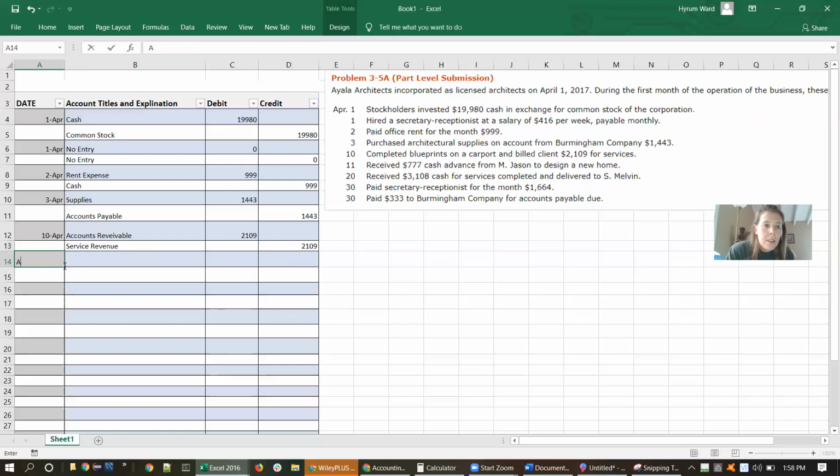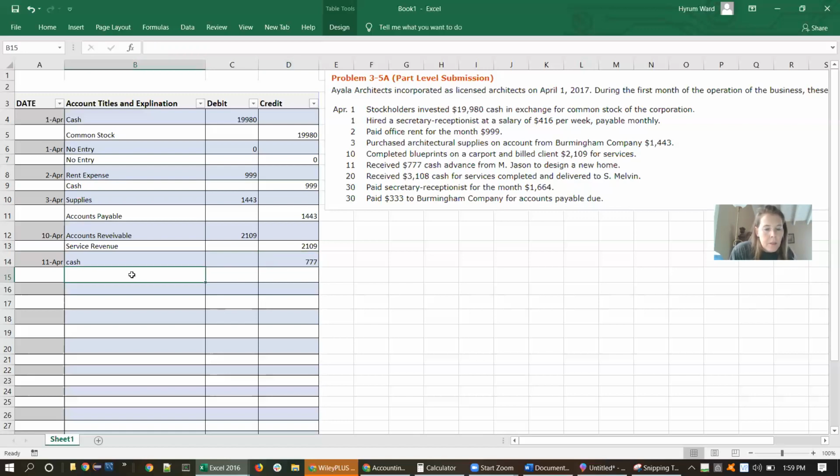On April the 11th, it says we received $777 cash advance from M. Jason to design a new home. So that is going to be unearned service revenue. So we're going to put cash, because we received cash, we're going to put it under credit for $777.